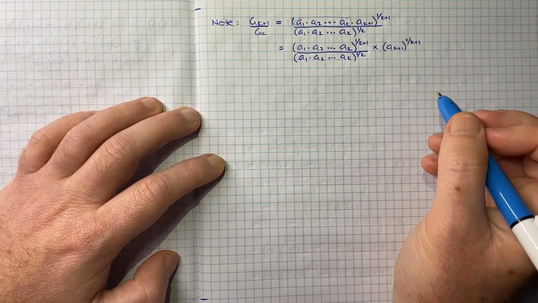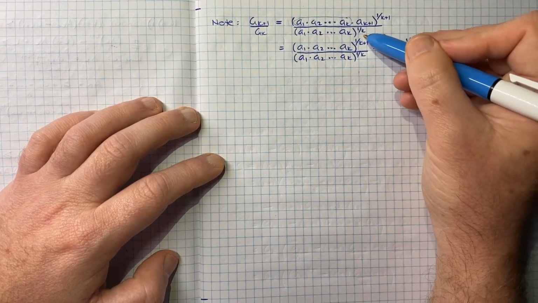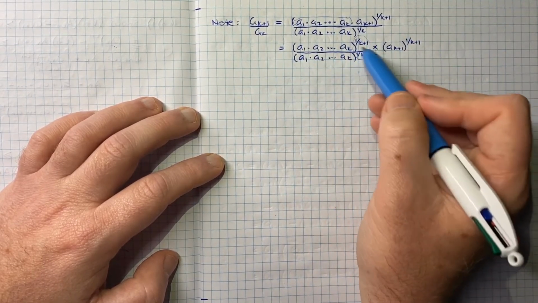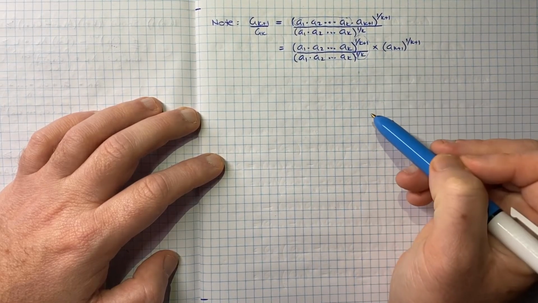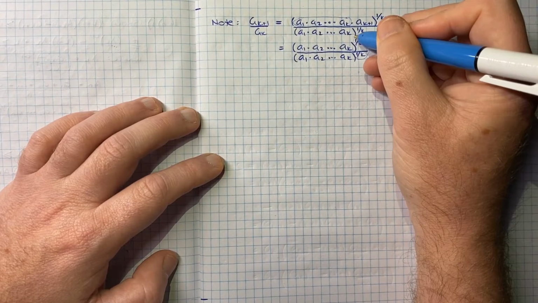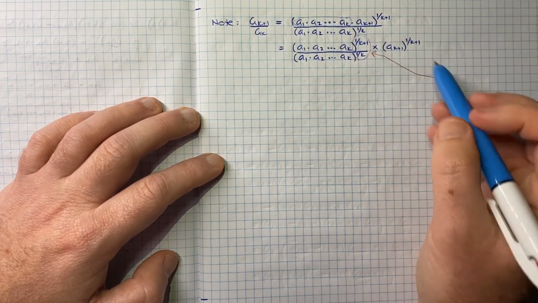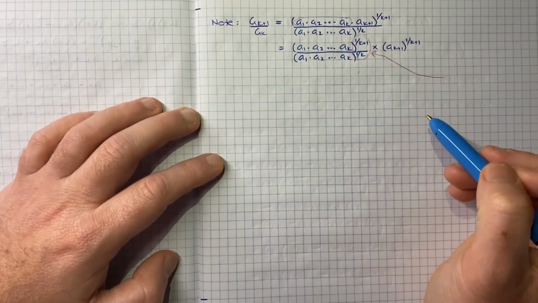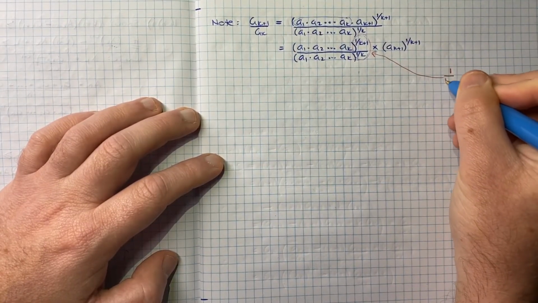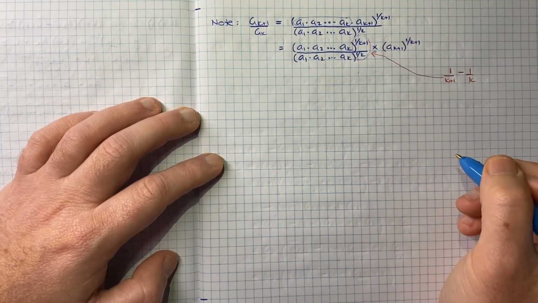So hopefully that step makes sense. Now, the question is, how do we clean up these exponents? Because we've got the same thing being taken to the power of, maybe just in a new color. If we focus on this, the way you'd simplify it, the rules of exponents that you'd use is it's the top exponent minus the bottom exponent. So really we're looking at what is 1 on k plus 1 minus 1 on k. What is that?